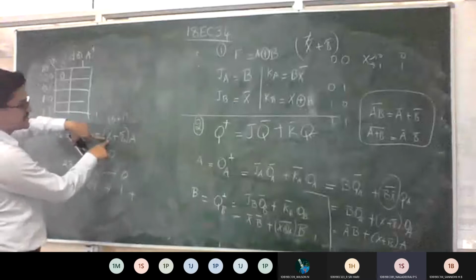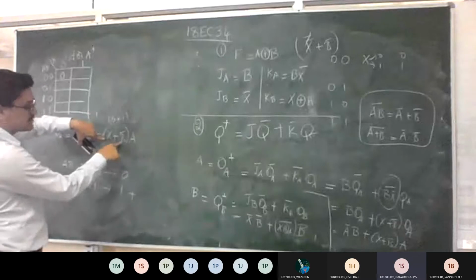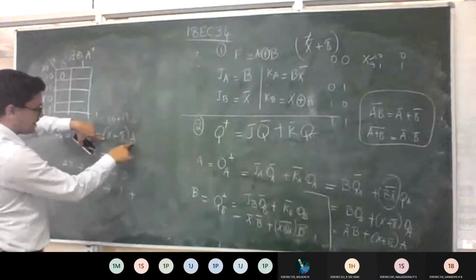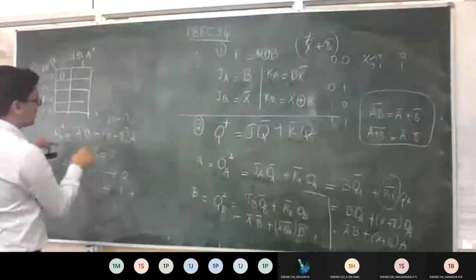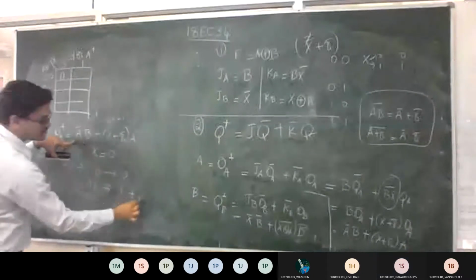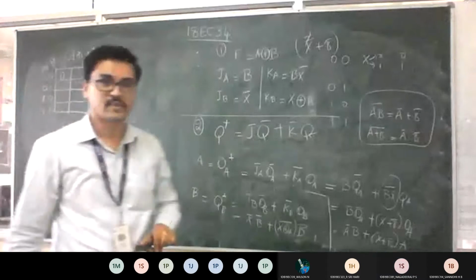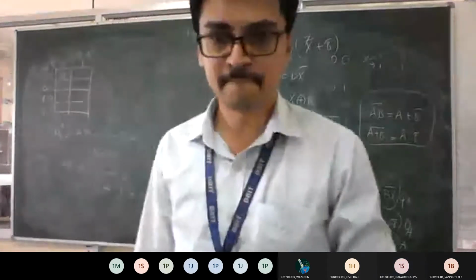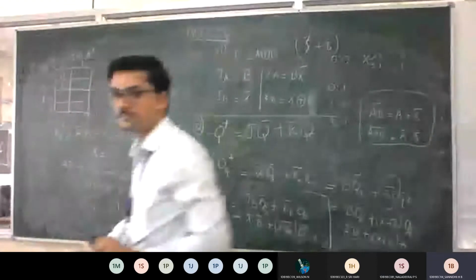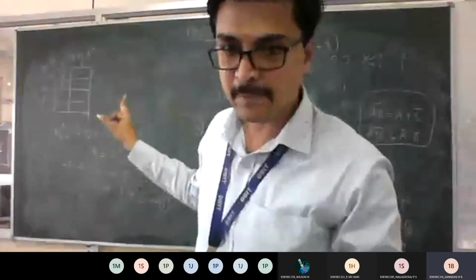Plus X is 0, 0 plus B bar becomes 0. It's 0 only, into A is 0. This complete part is 0. What about this? Is it 1? So can I write this as 1 now? Understood, everyone? Yes, sir.